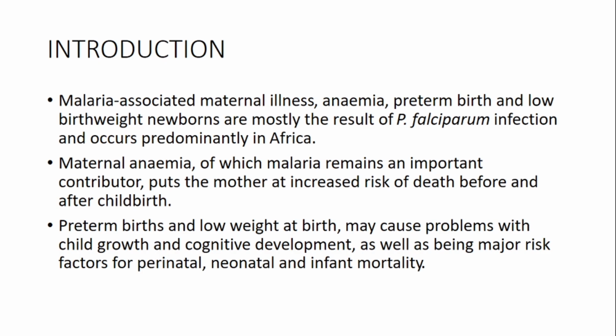Preterm birth and low birth weights, which are also complications of malaria, may cause problems in babies even after they are born. It could be associated with cognitive development problems, and is also a risk factor for major neonatal and infant mortality. Malaria is also a significant cause of under 5 mortality in the developing world.